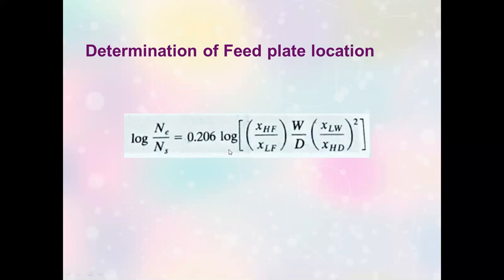Of course, you will simply process the log of this and then get the antilog, and you will get this ratio.